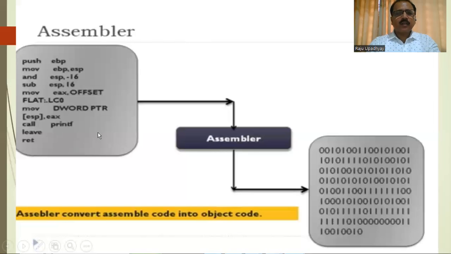For the assembler, the assembly code which we got generated during the first stage of compilation becomes the input, and the assembler converts that assembly code into binary code in terms of zeros and ones. And once it is converted from assembly to binary code, finally it creates an object file.